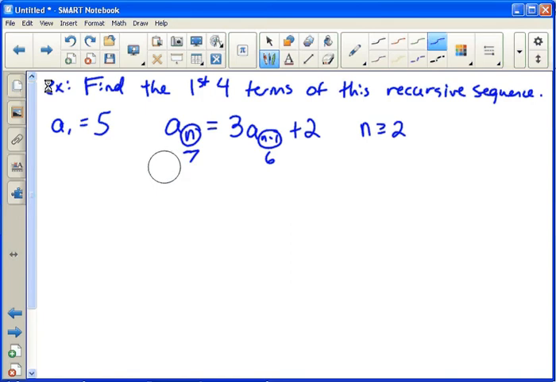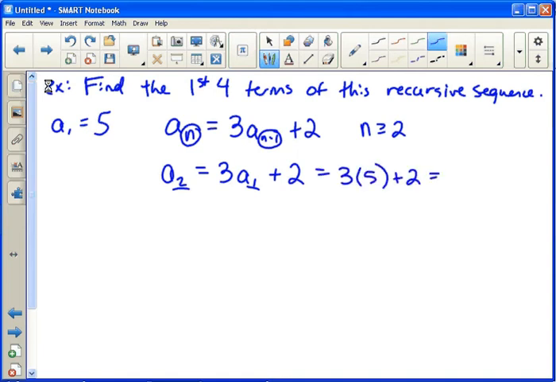So for example, if I want to find the second term, I'm going to do 3 times A1 plus 2. So notice, my subscripts are just 1 different from each other. 2 is my n, so n minus 1 is 1. And I know what my first term is. It was given to me. It's 5. So I do 3 times 5 plus 2, which is 17. So for my third term, I do 3 times the second term plus 2.